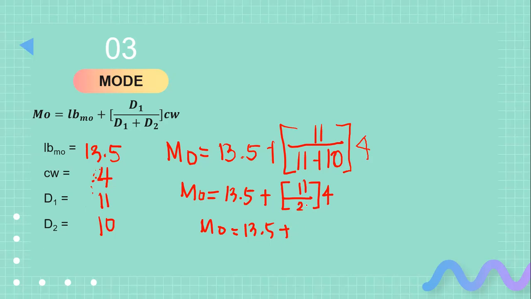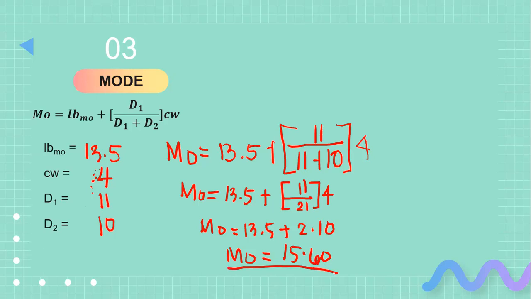Yeah. 21. Okay. Then is equal to 2.10. So MO is equal to 13.5 plus 2.10 is equal to how much, class? Very good. 15.60.